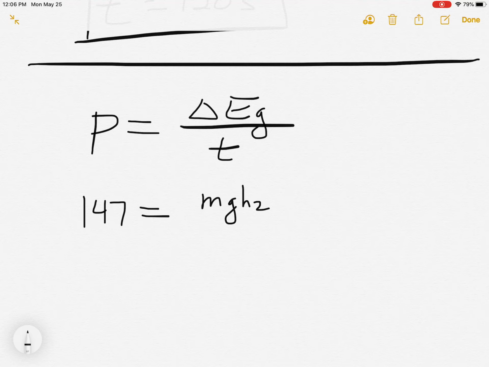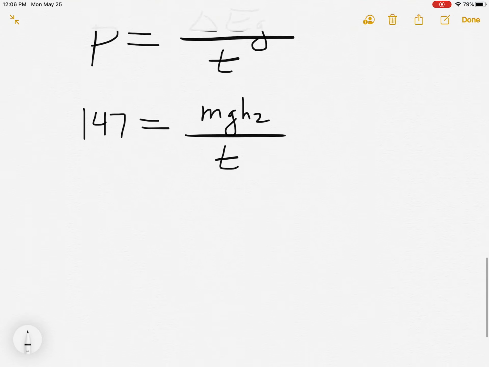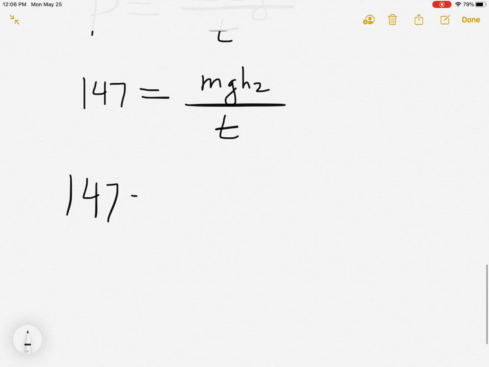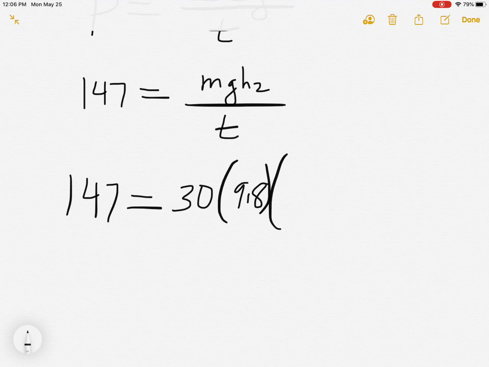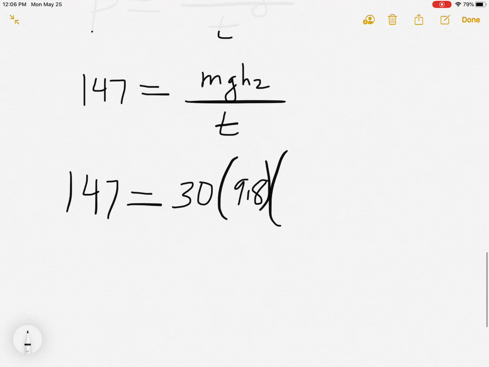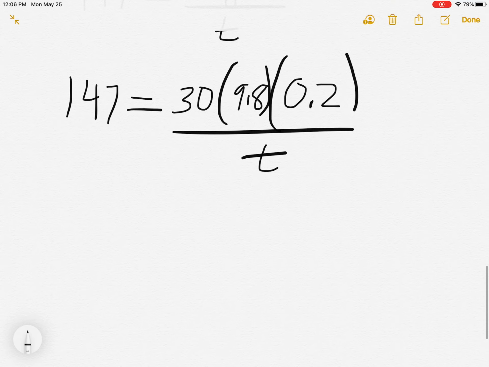The difference is instead of going the total 60 meters, we're just going to use a height of 1 step here. So what you get when you're doing 1 step is her mass, which is 30 multiplied by 9.8 times her height. But this time the height is the height of 1 stair, 0.2, and you find the time. So now we get 147 on this side.